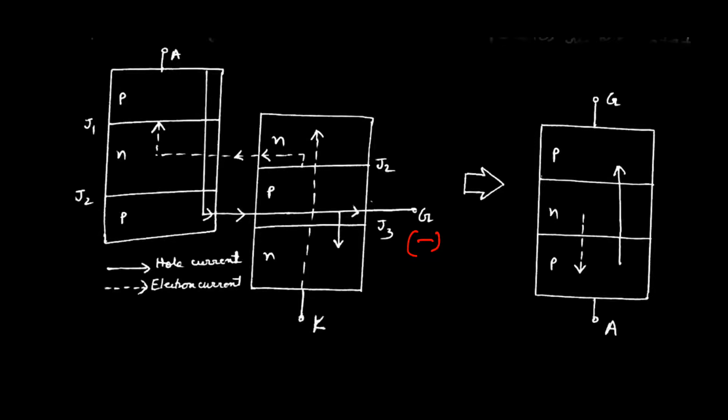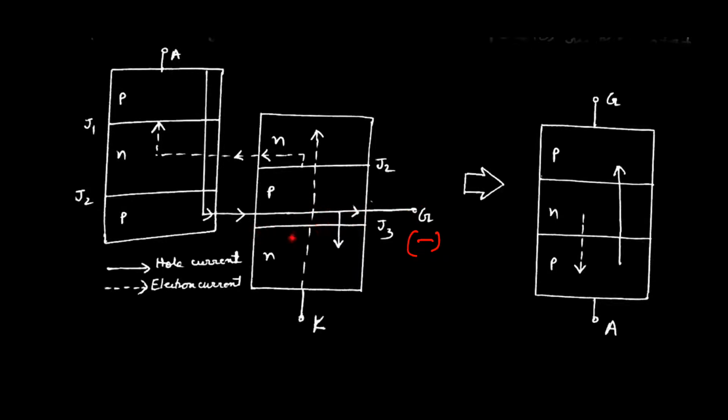That means the current responsible for the movement of holes from anode to cathode, due to the negative bias at the gate terminal, is taken out from the P layer to the gate terminal. Okay? That means the voltage drop occurs across the junction J3. As the gate and cathode are reverse biased, a huge amount of holes can be taken out from this P layer.